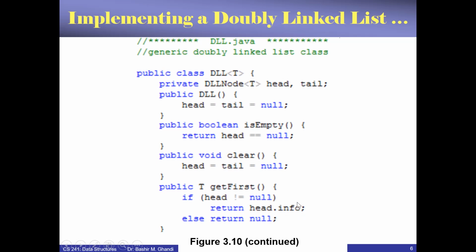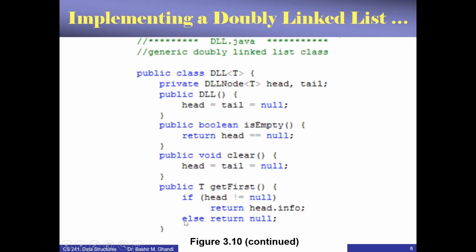However, you have to be careful. The list could be empty. If the list is empty, head is actually null. So if you say at that point head.info, you're going to get a null pointer exception. So it's good therefore, before you return head.info, to check if head is not null, so the list has some nodes, then return head.info.